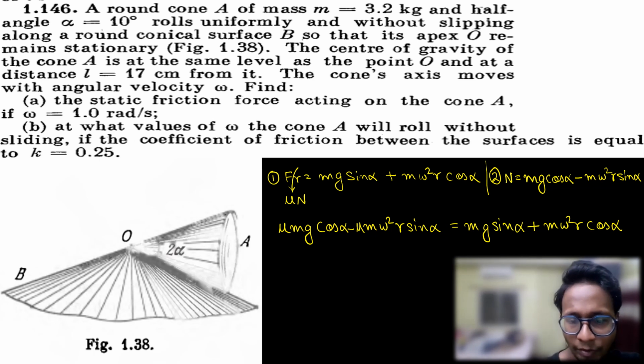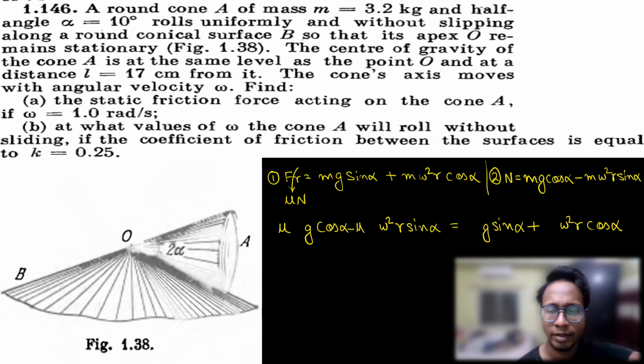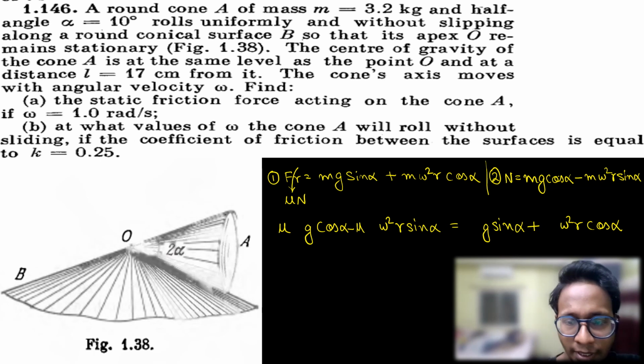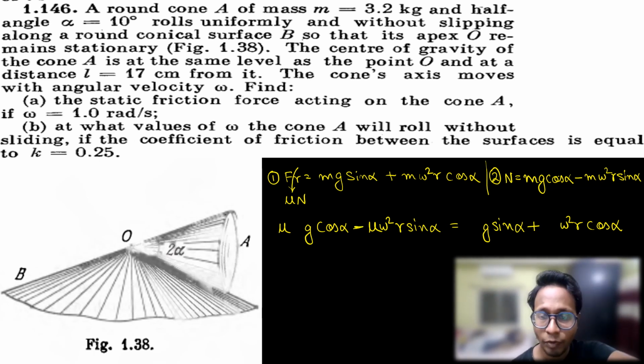Now what can I do? I can take m common and cancel them out. Now I have to isolate omega square.